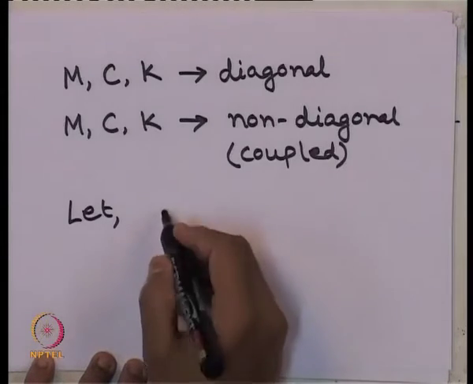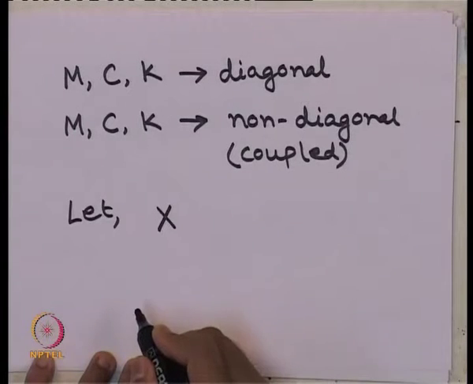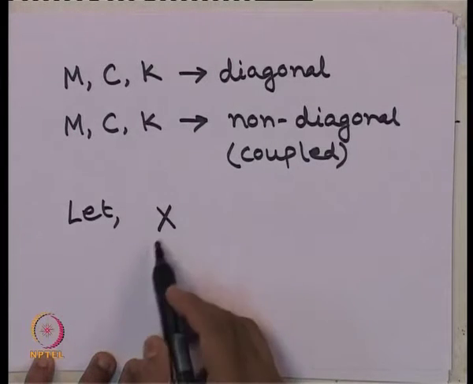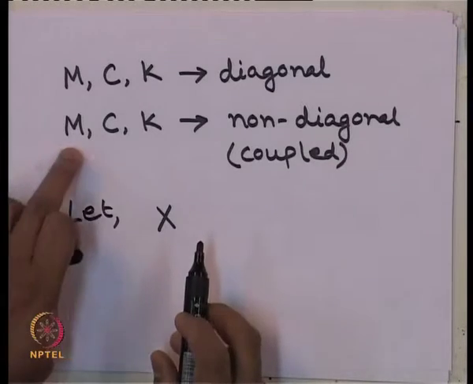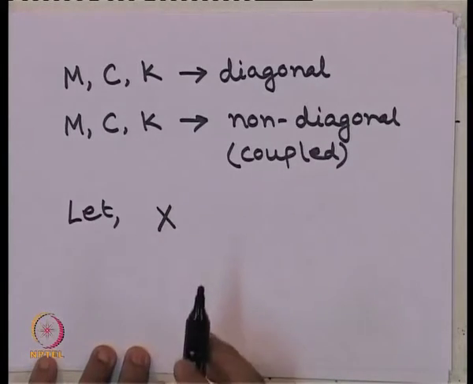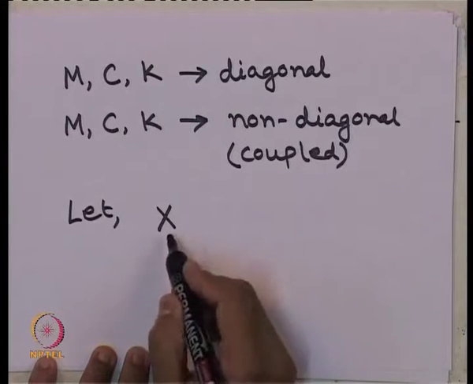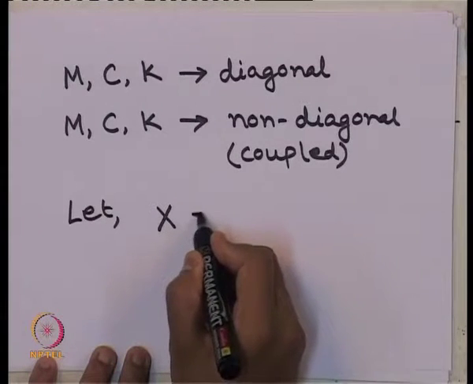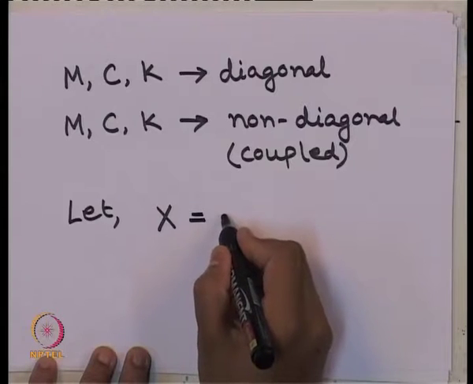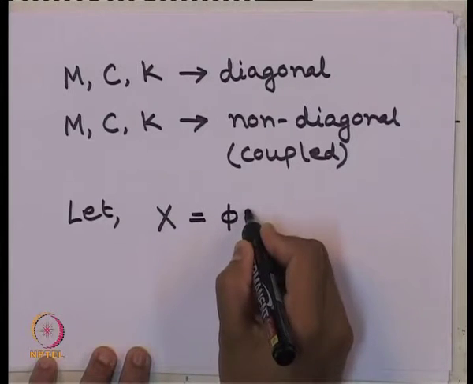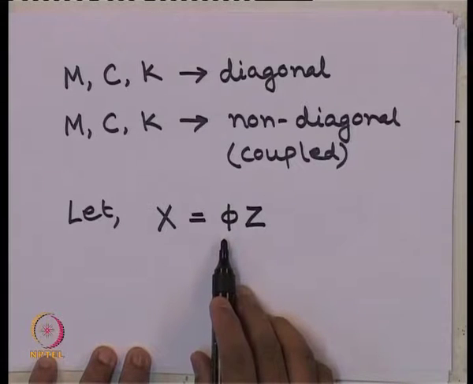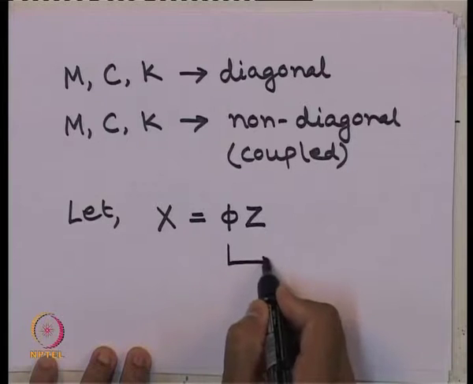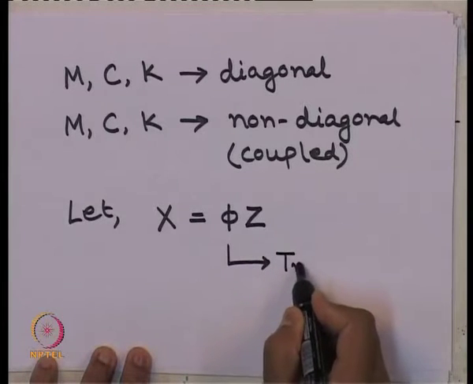So, let us say the solution x, this is the x vector. Remember, I am writing these as vectors and matrices now, not single numbers. Let us say x vector is given as phi times z vector. Phi is a matrix which is called the transformation matrix.